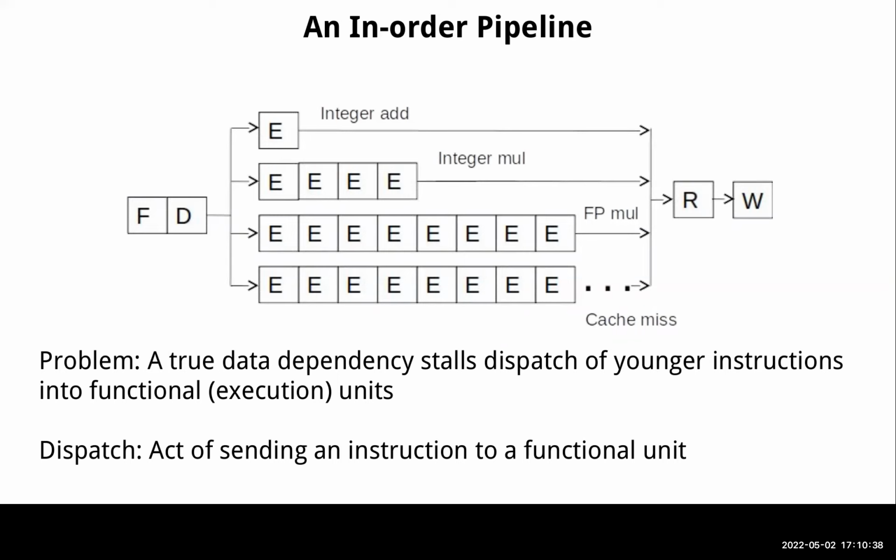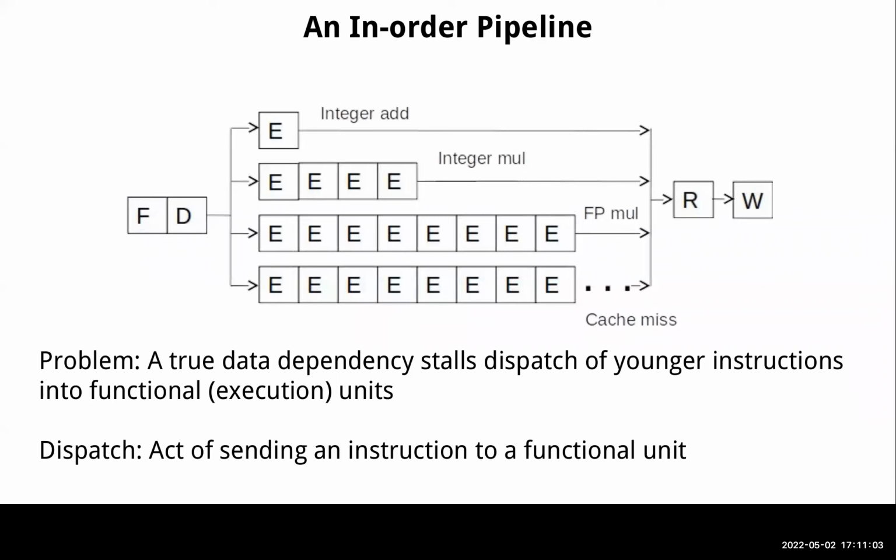After the CPU retrieves the instruction, it needs to understand what instruction that is. That is the decode phase. So that's F and D. After the CPU understands the instruction, it will execute it. Execution may take multiple cycles. Let's say one square is one CPU cycle.